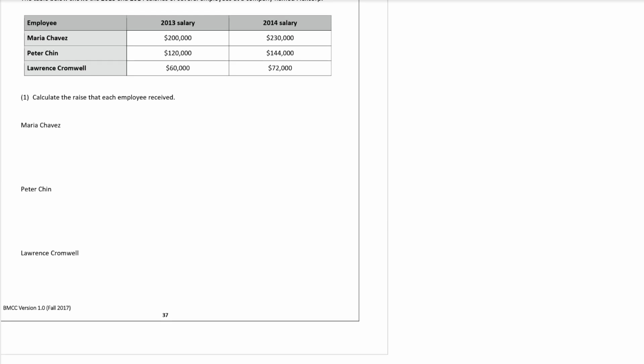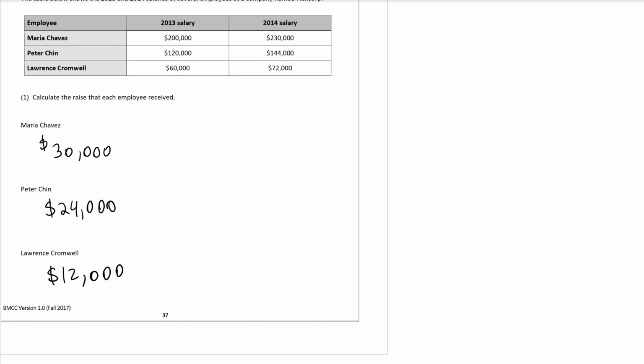All right, so you do the subtraction, right? So Maria is getting $30,000 raise. You just subtract the two numbers. Peter is getting $24,000 raise, and Lawrence is getting $12,000 raise.